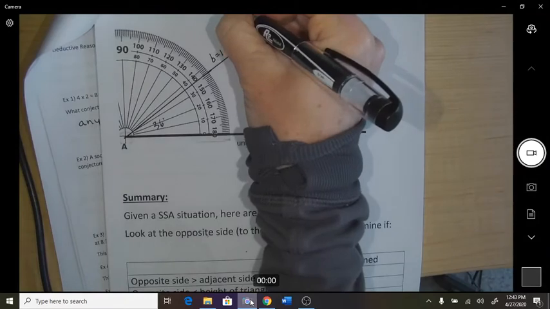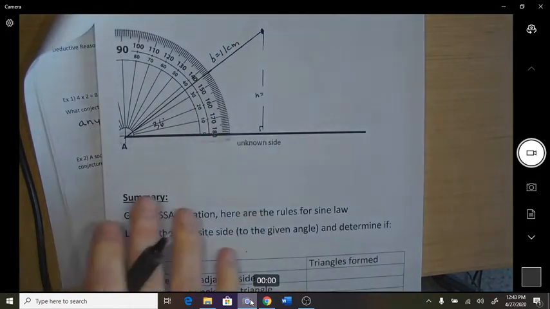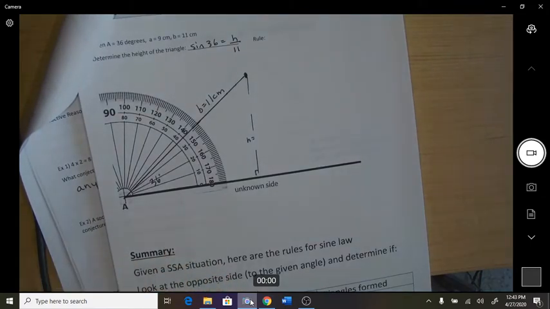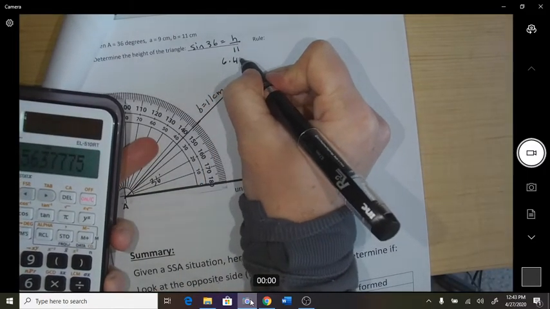So sine of 36 equals the height over the hypotenuse. So sine 36 times 11, 6.47.